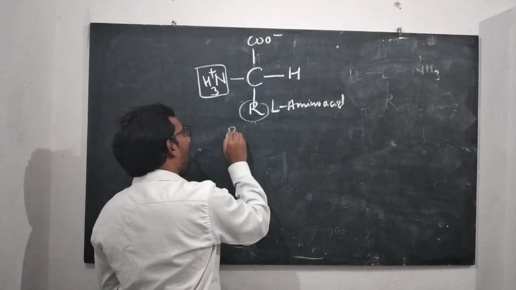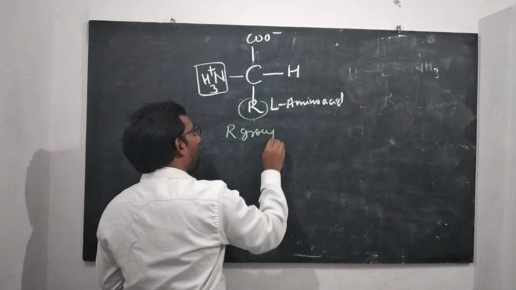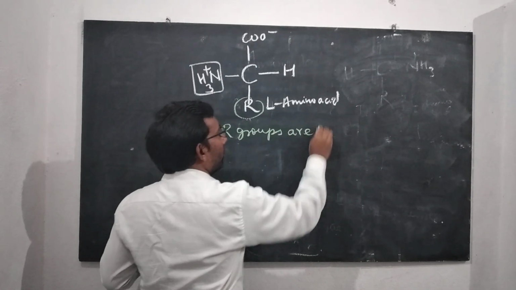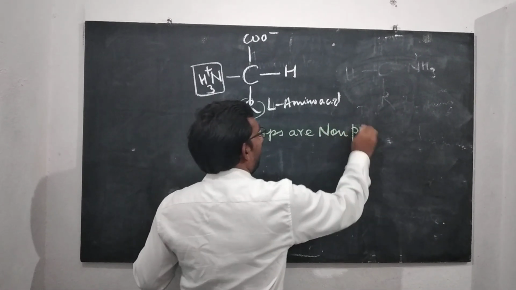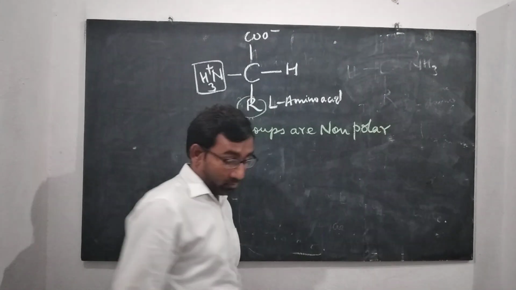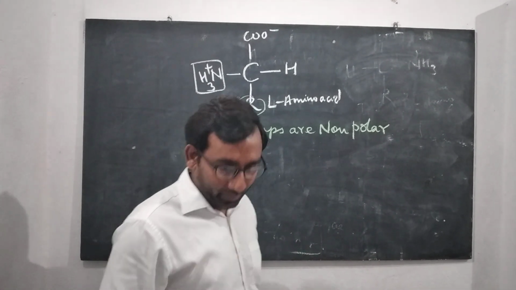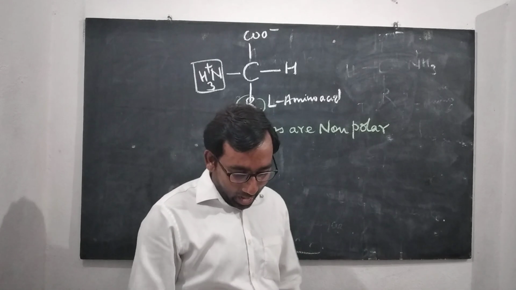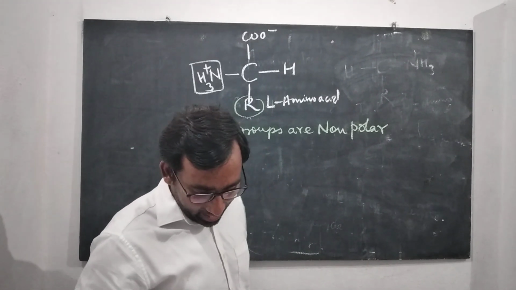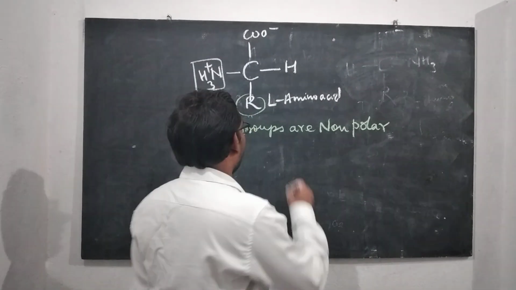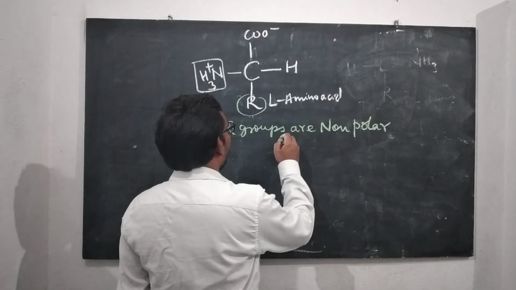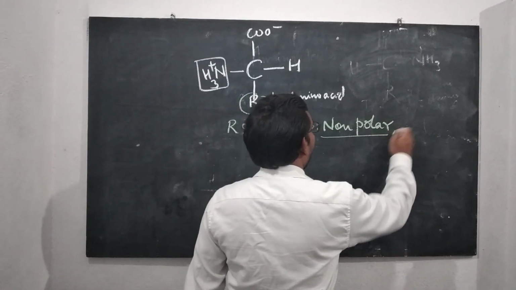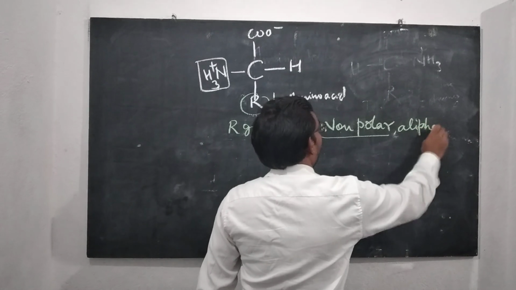Now, the first group of amino acids are those where the R groups are non-polar, non-polar aliphatic R groups.